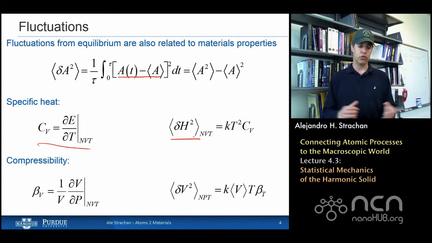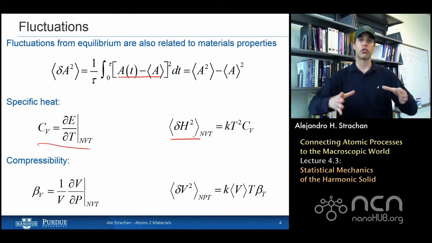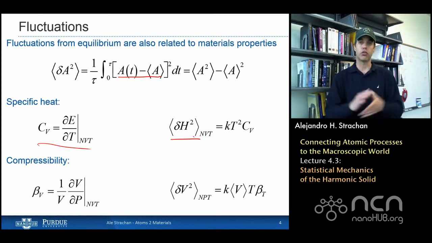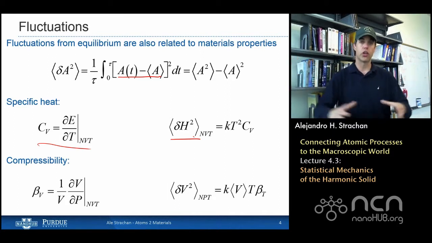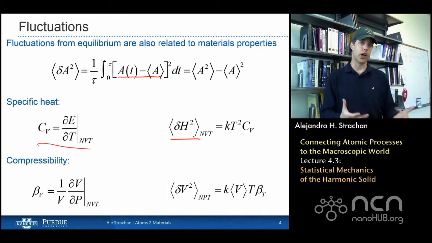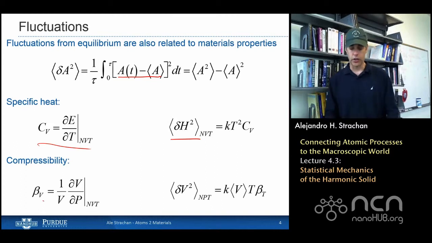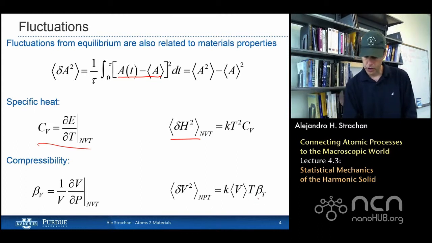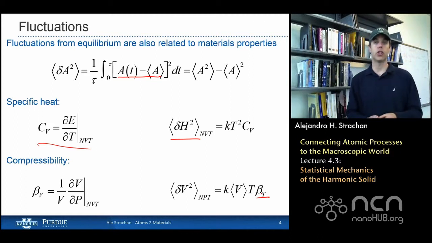Compressibility is how hard it is to change the volume of a system. An incompressible system is a system where the pressure goes up very quickly if I try to change the volume. A very compressible system is a system where I can change the volume significantly without much pressure. So that's the definition, what you see on the left. On the right, you can see that the compressibility, beta here, is related to the fluctuations in volume.